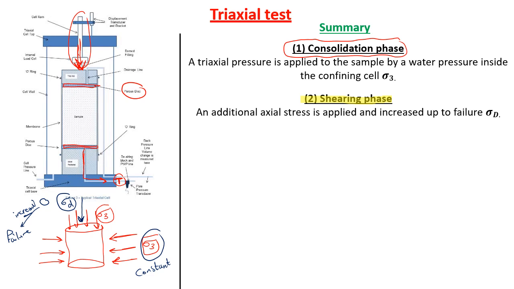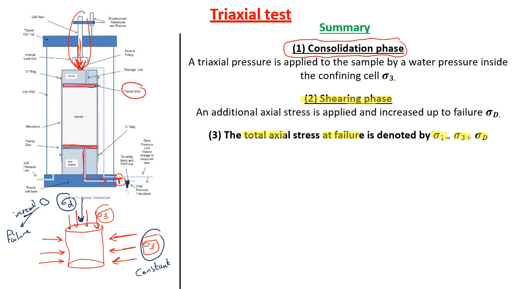Now if you want to calculate the value of the total axial stress at failure, it can be denoted by sigma 1, and it's the summation of two components, which are sigma 3 and sigma d.